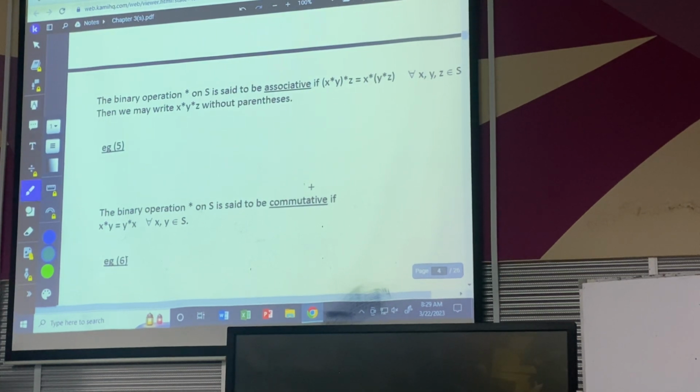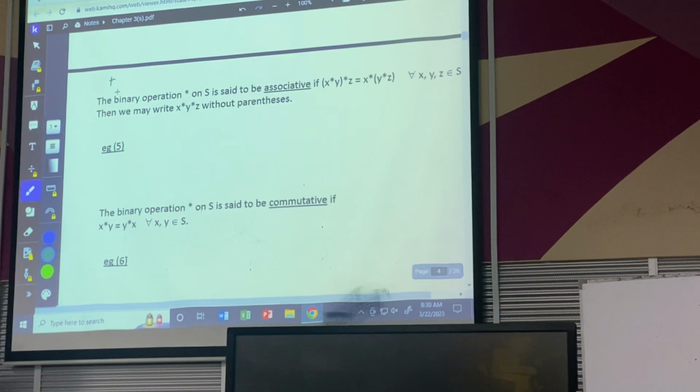Now, after you know what a binary operation is, the next one is the associative law again. Remember what the associative law is? Let's say I have plus, is this associative or not?